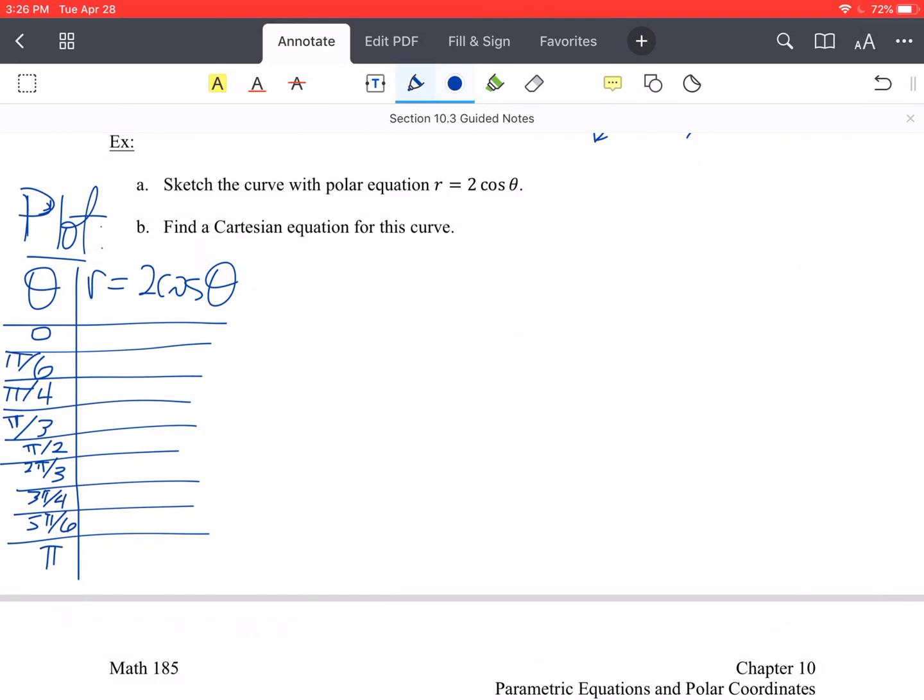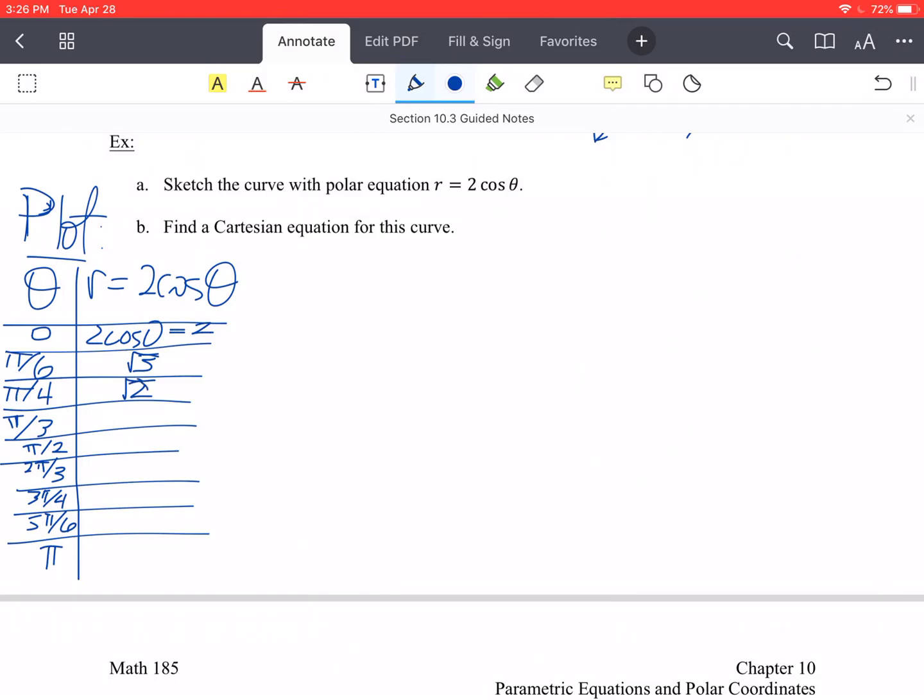So let's go ahead and find some of these. 2 cosine of 0: cosine of 0 is 1, so 2 times that is just 2. 2 cosine of pi over 6: cosine of pi over 6 is root 3 over 2, so that's just root 3. Cosine of pi over 4 is root 2 over 2, so 2 times that is just root 2.